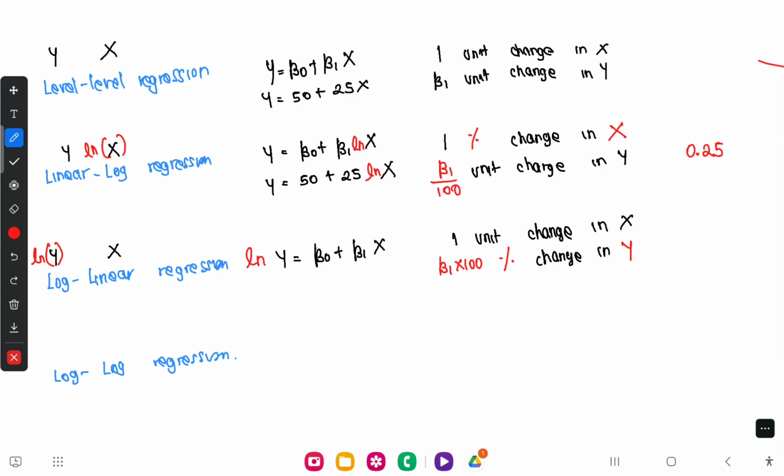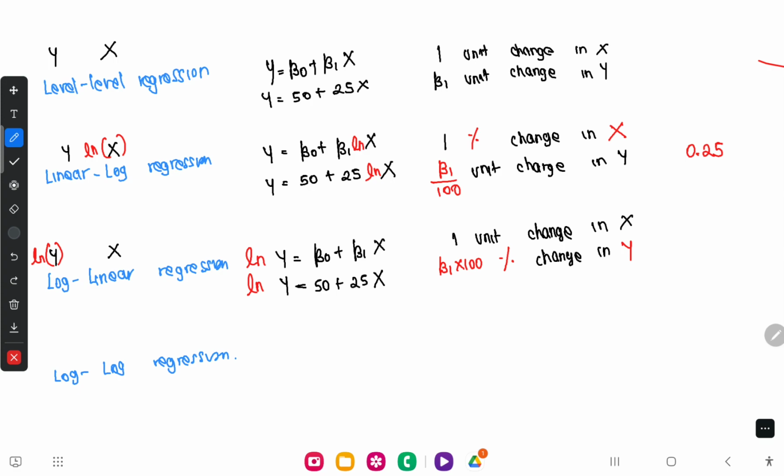So if I write the same example, ln y equals 50 plus 25 x.